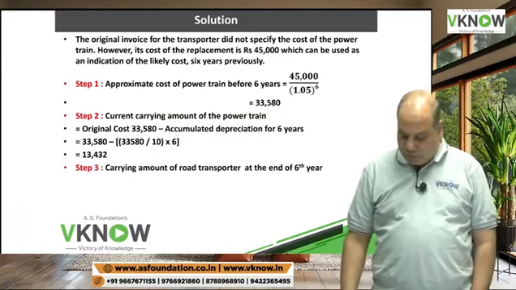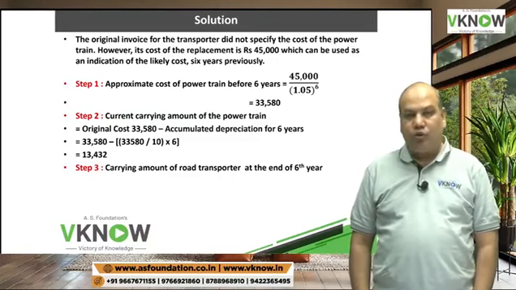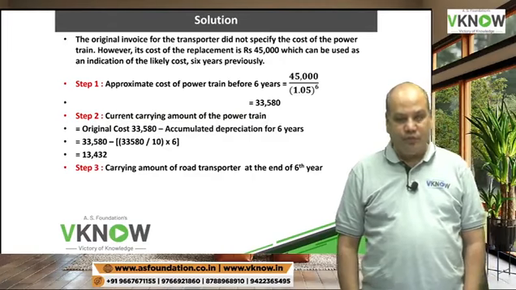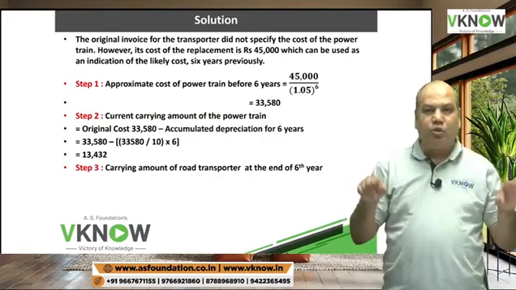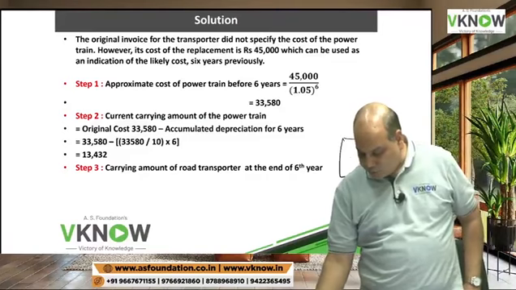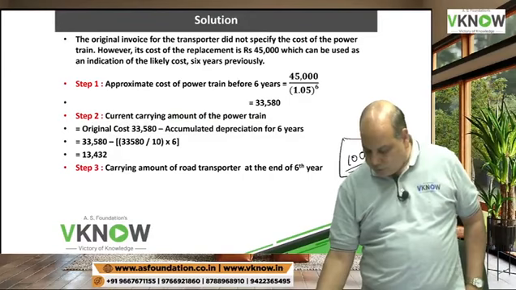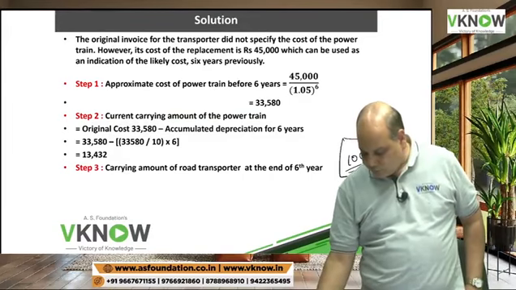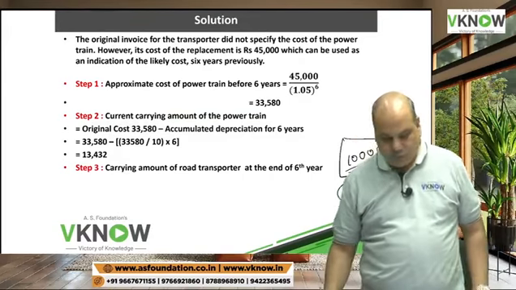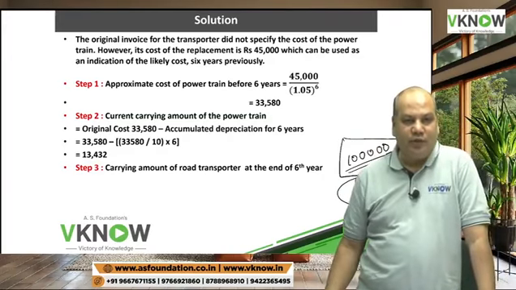Now write down step 3. Carrying amount of the road transporter. The main asset is called road transporter. Road transporter was purchased for 1 lakh rupees. Its life is 10 years. 6 years are over. So what is the carrying amount of the entire asset?